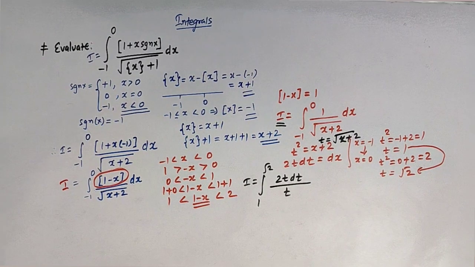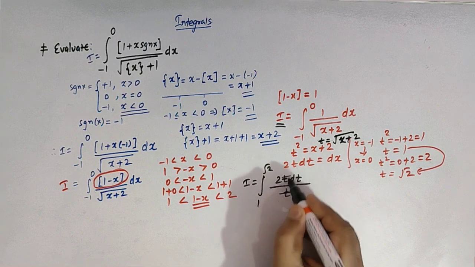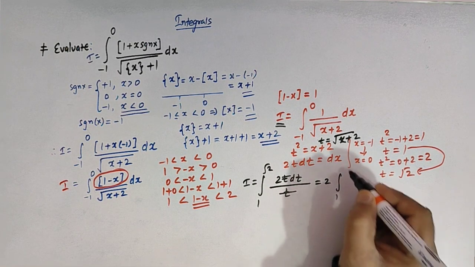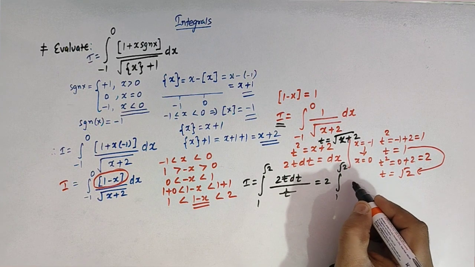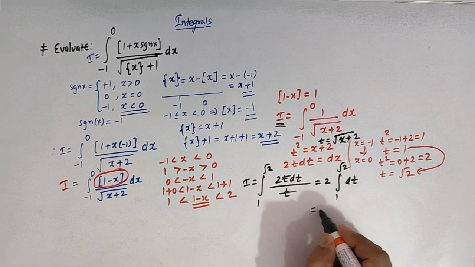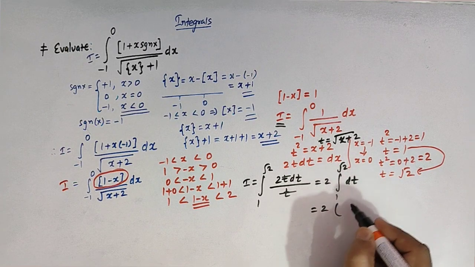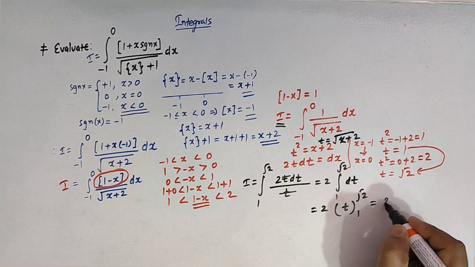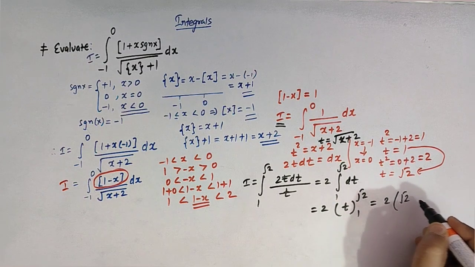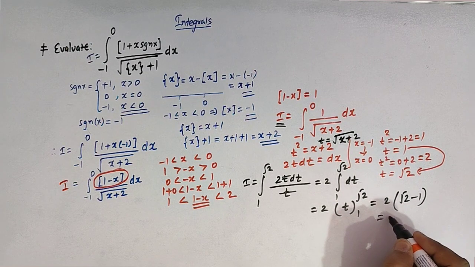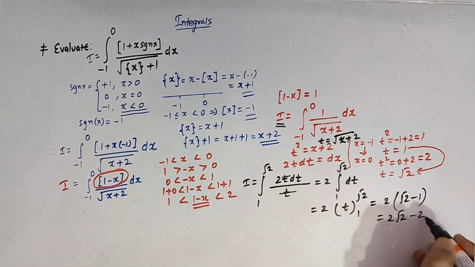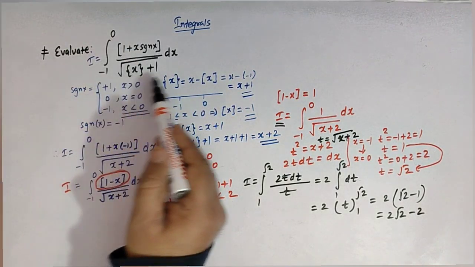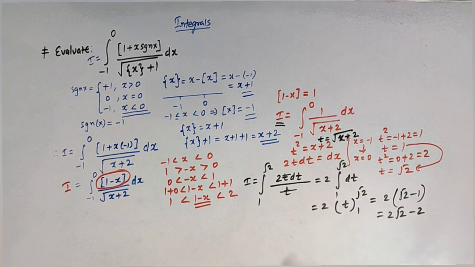Now this t and this t get cancelled, so we are left with 2 times the integral from 1 to square root of 2 of dt. The integral of dt is simply t, and the limits are 1 to square root of 2, so we have 2 times (square root of 2 minus 1), so this is 2 root 2 minus 2. So viewers, the value of this integral is 2 root 2 minus 2.